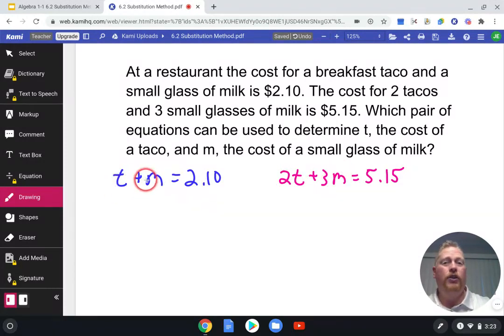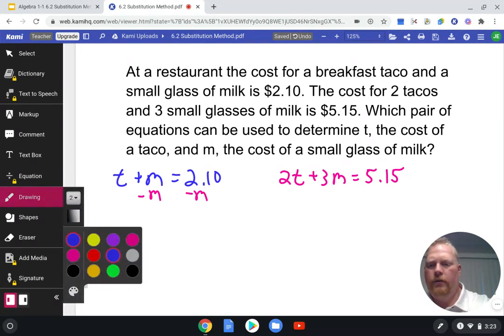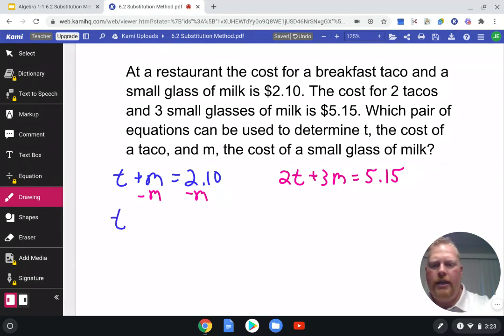However, in the first equation, either one of those would be fine. You can solve for T or for M. It doesn't matter. I'll just figure out the tacos first. So I will subtract M to the other side. And I get T equals 210 minus M.